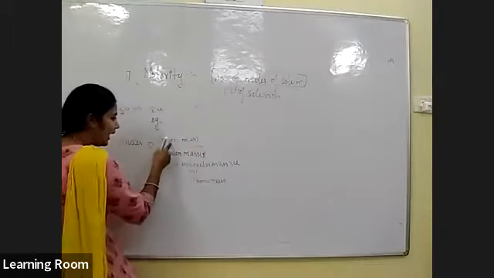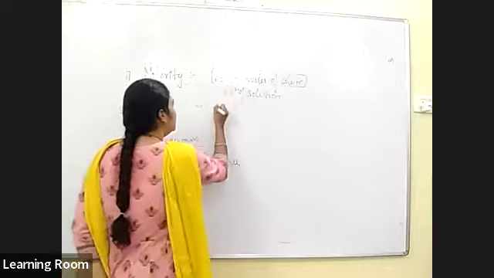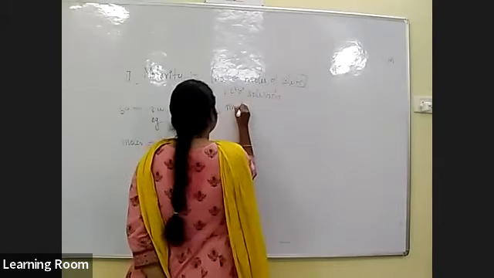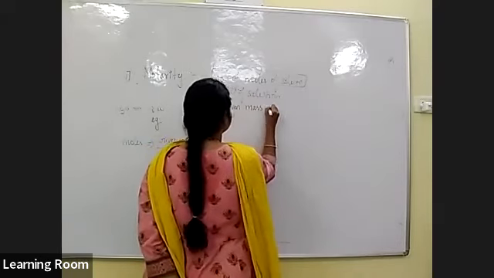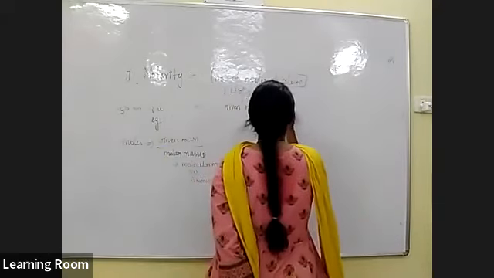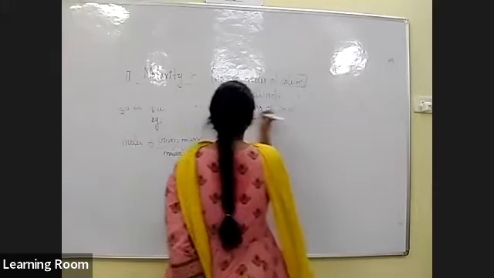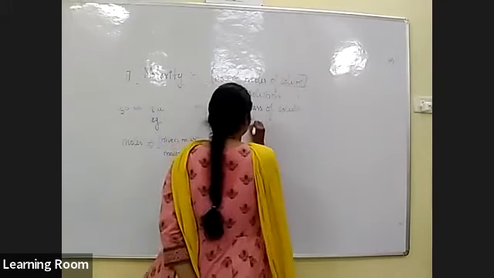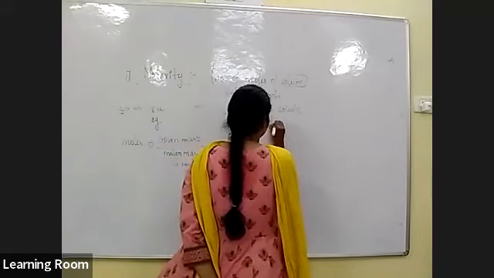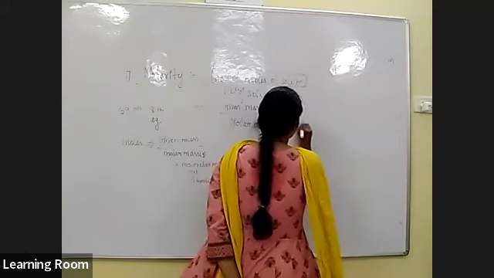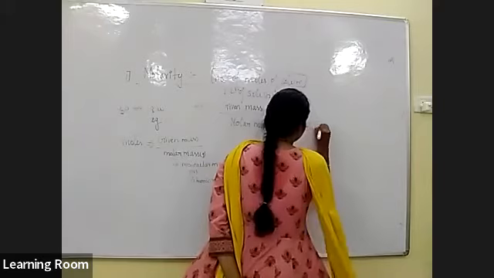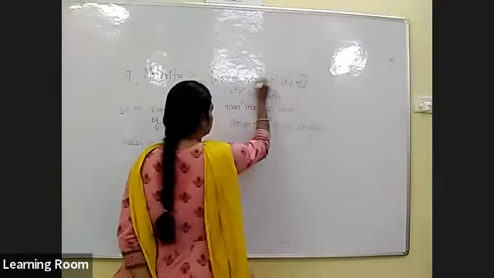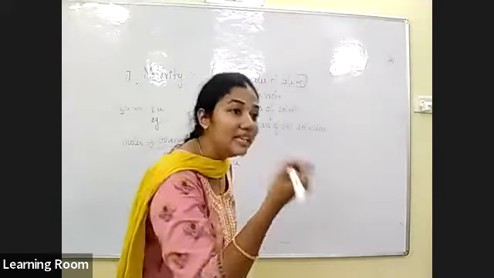So now we need to represent this. Number of moles of solute is equal to the given mass of the solute divided by the molar mass of the solute. And the 1 liter of the solution can sometimes be in milliliters also.